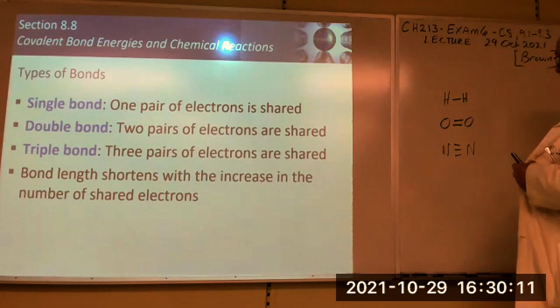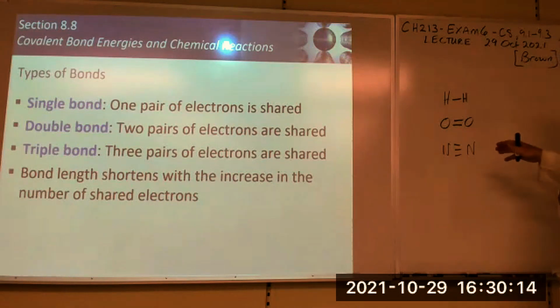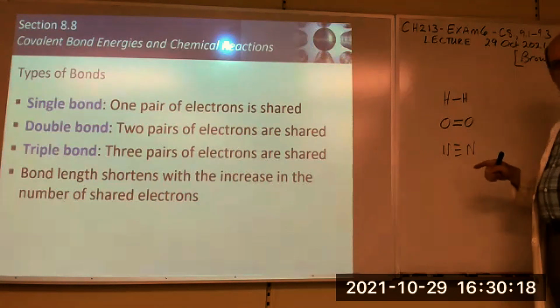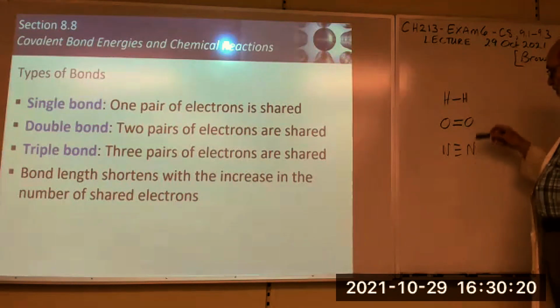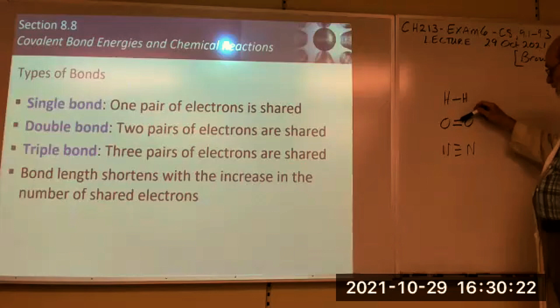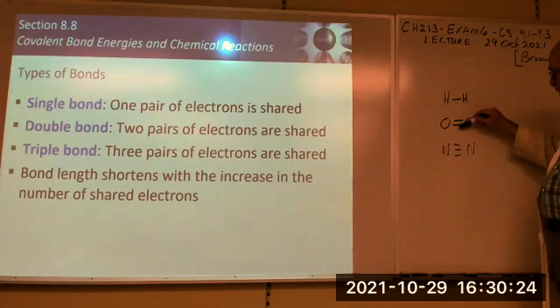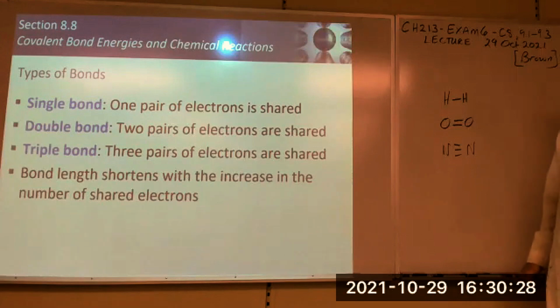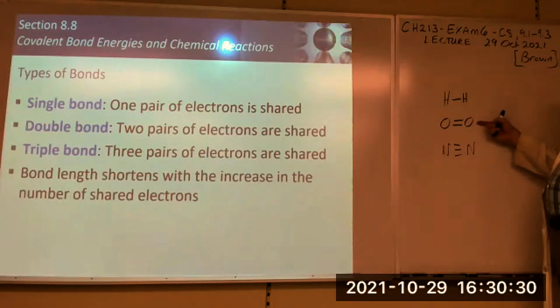As a general rule, the length of the bond shortens as you multiply the bonds. So this one would be shorter distance than that one, and this one would be shorter distance than that one. It's not a linear change. Right? This one's not twice as short as that.